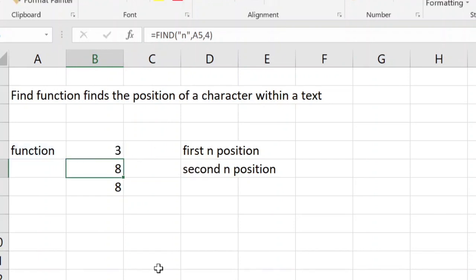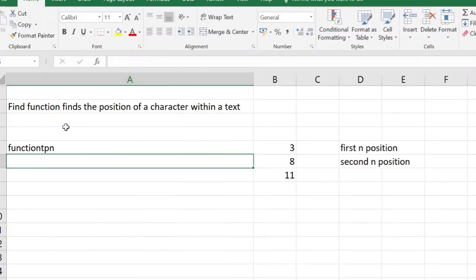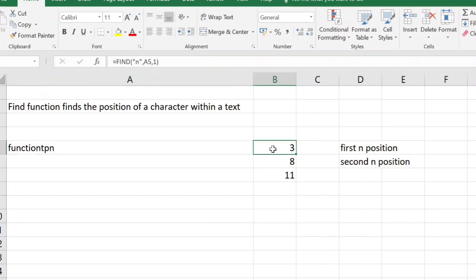If we have more than two n's, suppose a text where there is n again, the total number of characters is 11, which means the third n should be at the 11th place.